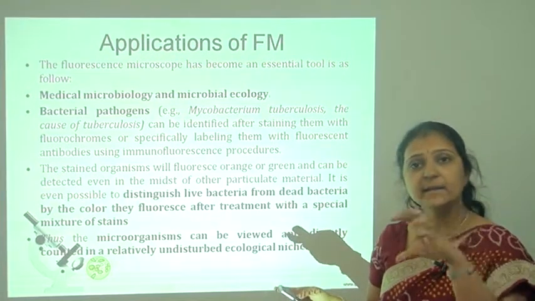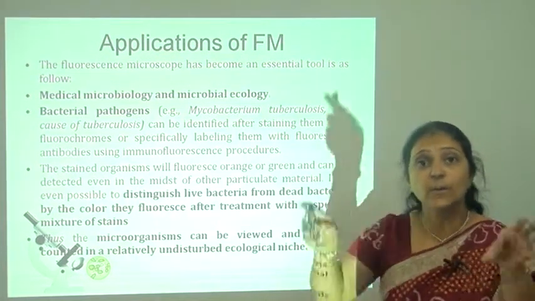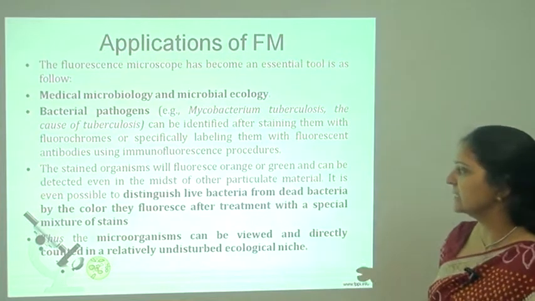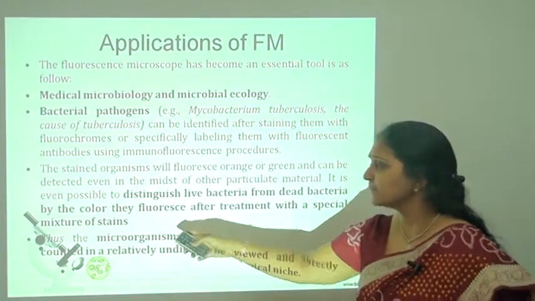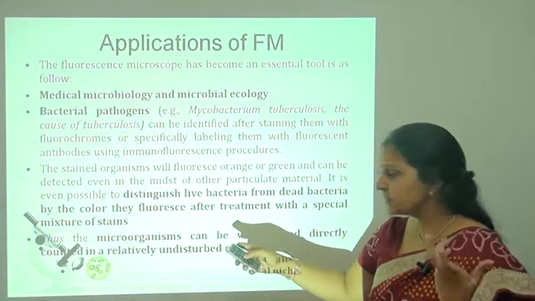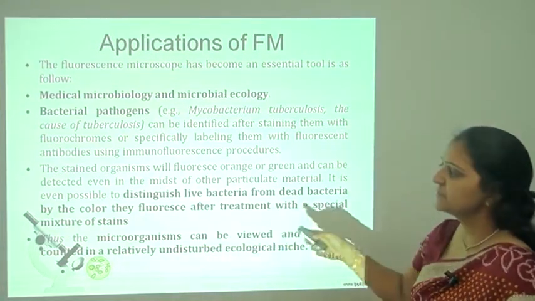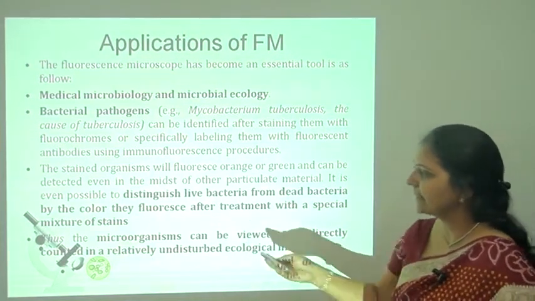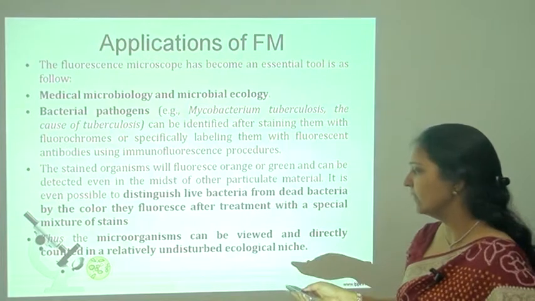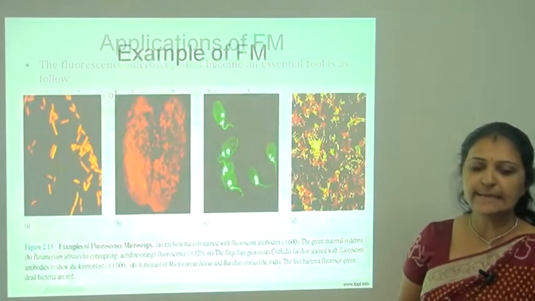So we can identify the object from the mixed culture. It will distinguish live bacteria from dead bacteria by the color. They produce some fluorescence after treatment with a special mixture of stains. Thus the microorganisms can be viewed and directly counted in a relatively undisturbed ecological niche.